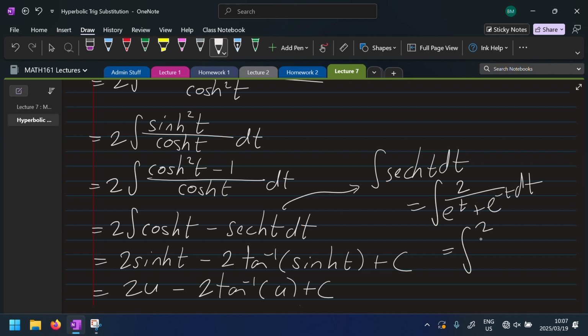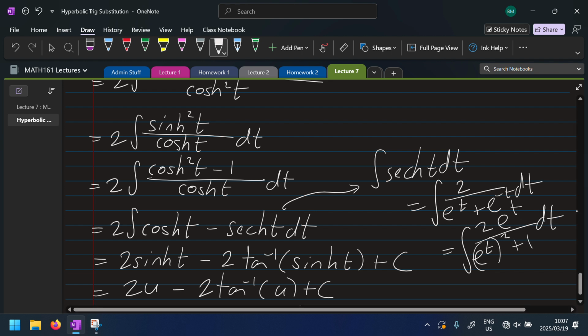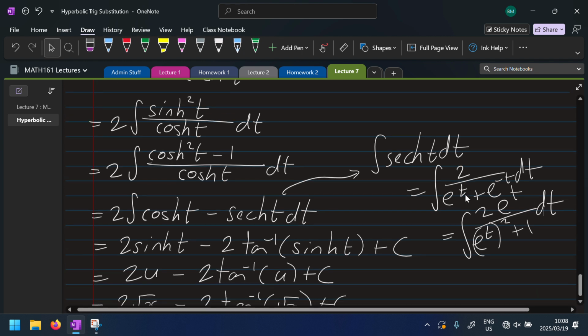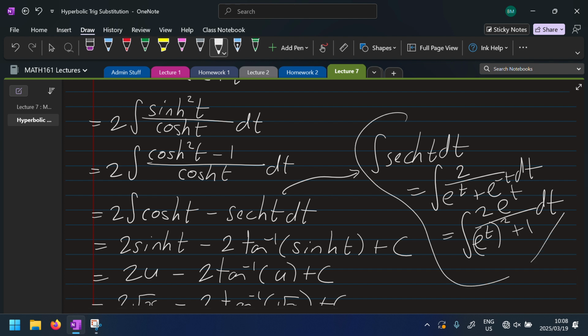We can write that as 2 over e to the t squared plus 1, times e to the t dt. And then you just do a u substitution with e to the t. You'll end up with arctan of sinh t. Okay. A bit of identity stuff, but you'll end up with that. Okay, but it's best to just learn what it is.